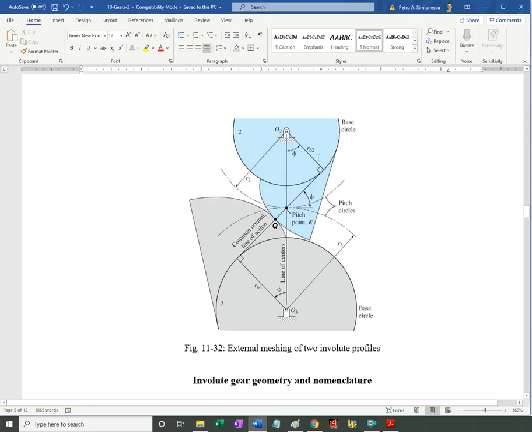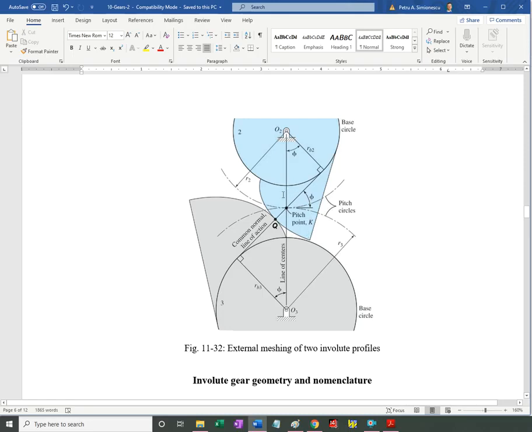We recognize also some right angles. So we have the right angle here, two triangles that are similar, sharing an angle, and that relates the base circle radius to the pitch circle radius. Also recognize that this angle is the pressure angle from simple geometry.